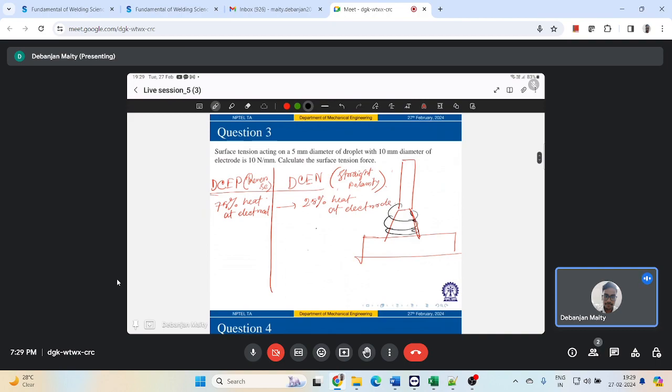Then in my third question, I say that the surface tension acting on a 5 mm diameter droplet with a 10 mm diameter electrode is 10 Newton per mm. I have missed the capillarity constant here.